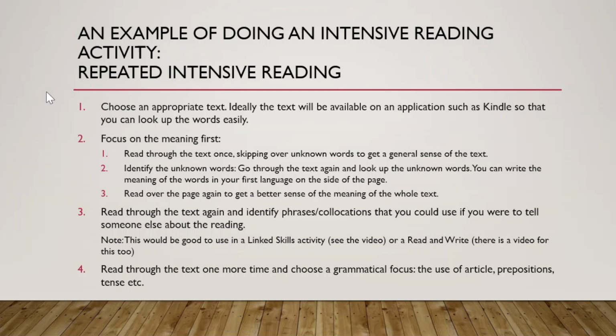And then after identifying phrases and collocations that you could use productively, you go to stage 4 and you read through the text one more time, but this time you have a grammar focus in mind. So this time decide if you're going to read through and really pay attention to how tense is used.